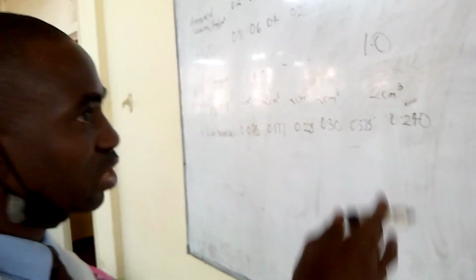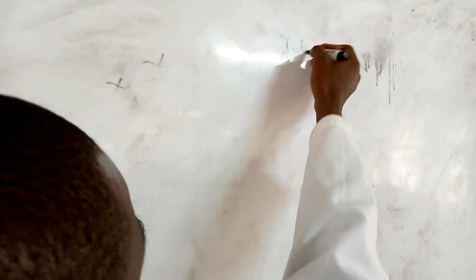But let me quickly talk about the concentration, because these are the values that we have already. We need to get the concentration values for each tube. Now, for our tube 1, we took 0.2 ml of our amino acid.